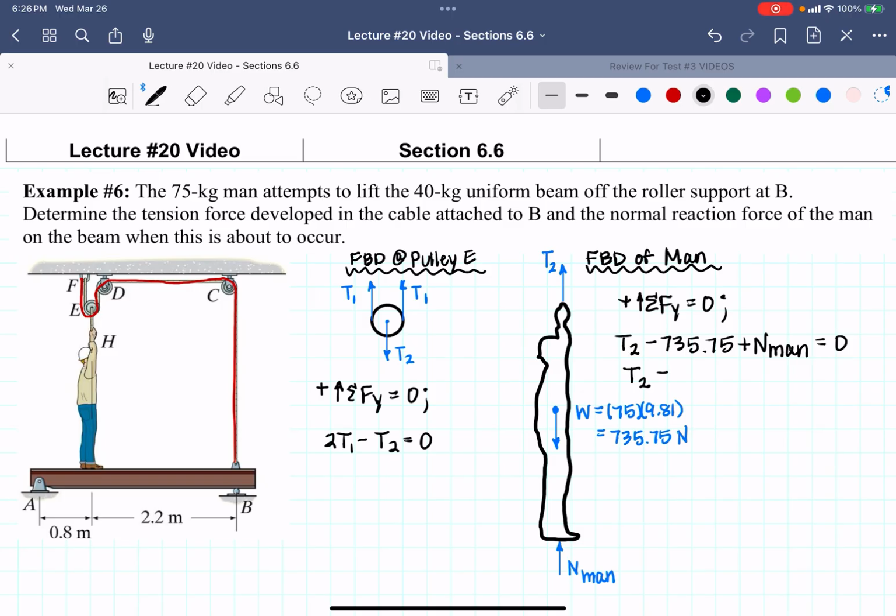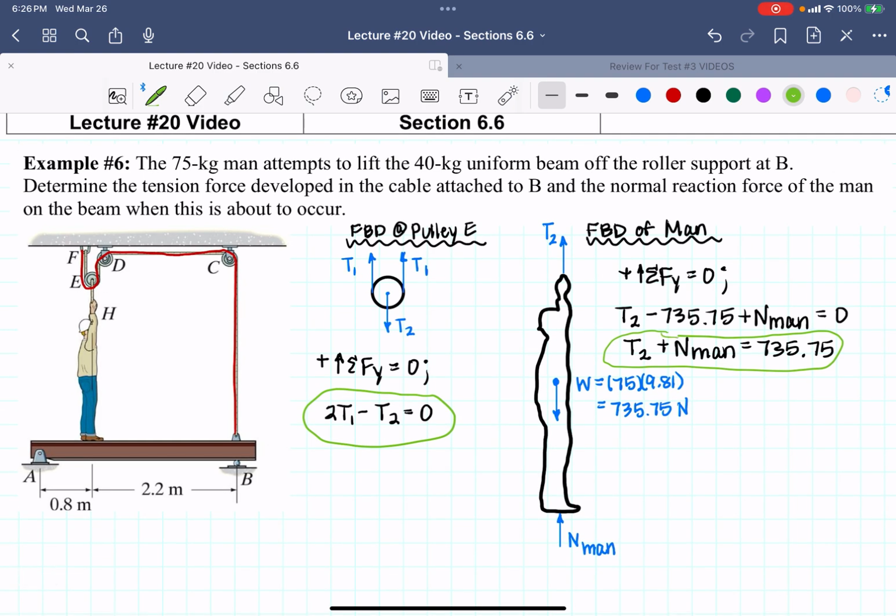So I have T2 plus the normal force of the man equals 735.75. So this is one of the equations I'm going to use. So I'm going to just circle it so that we can see for our matrix. I'm also going to use this equation. And now I need 3 equations. I have 3 unknowns.